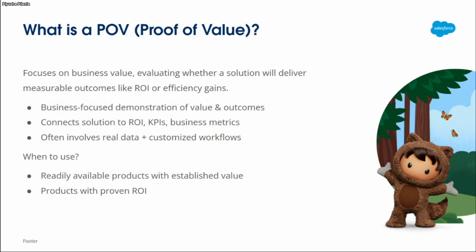In the POC, we talk about technical feasibility most of the time, whereas in POV, we talk about business goals and how the solution actually helps us achieve those goals faster. It also helps the decision makers assess a solution's impact and benefits before they commit to that particular product.